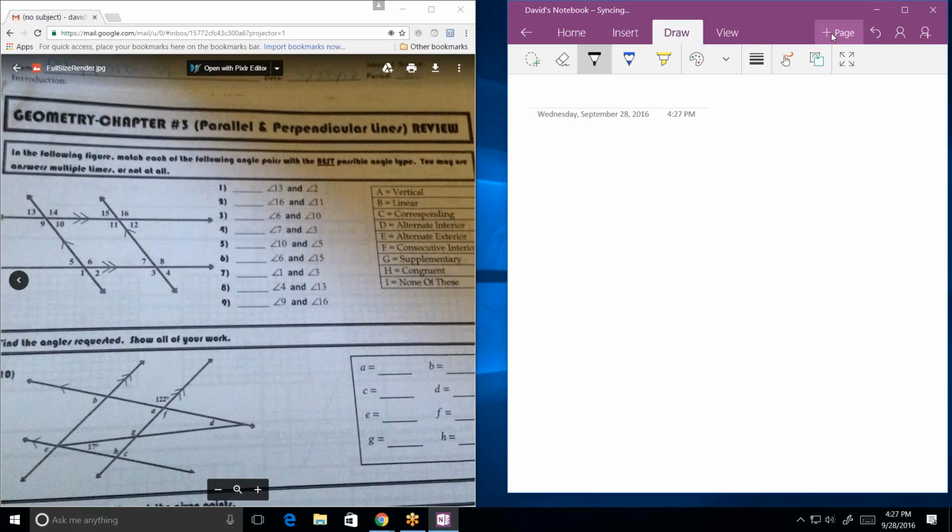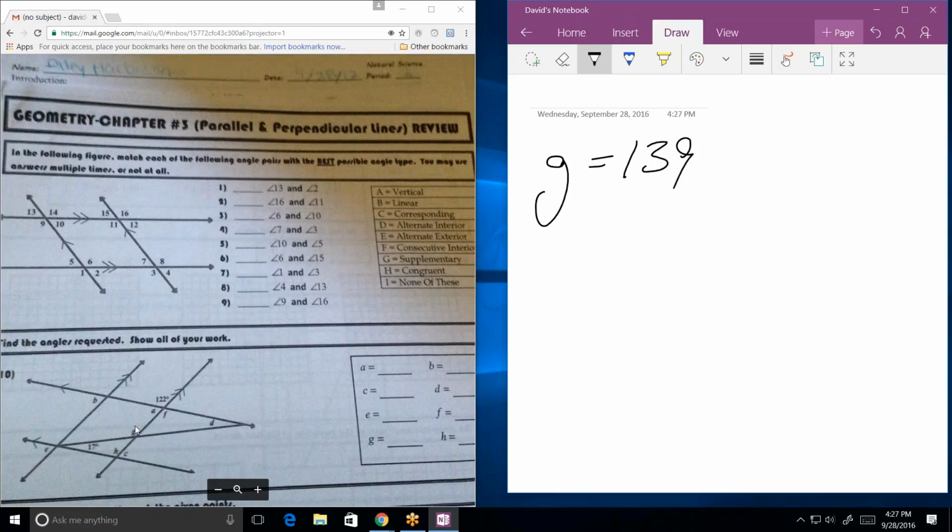All right, let's see. We did G. How about H? What did we come up with for G? G was 139. And notice that G is an exterior angle to this triangle.